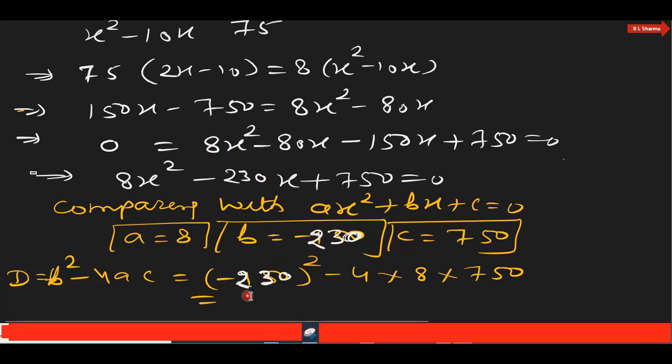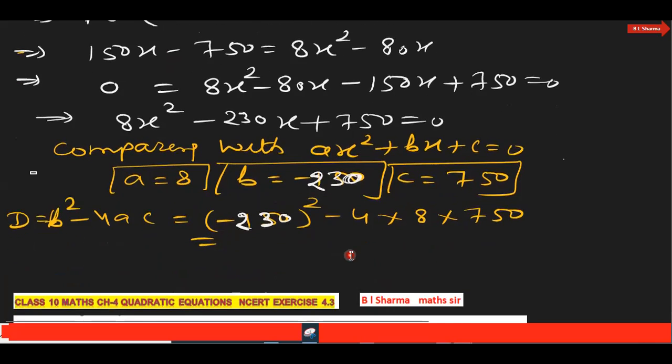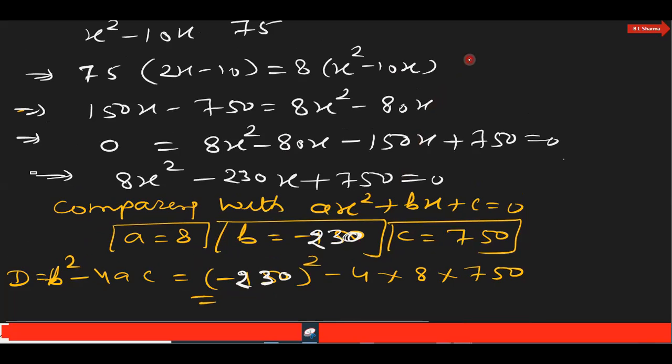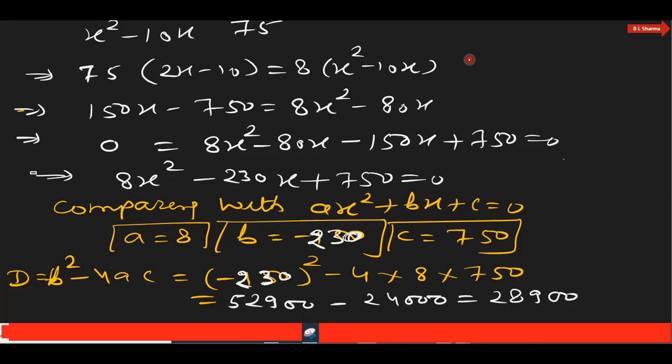And B square is minus 230 whole square minus 4 into A into C. 230 whole square is given by 52900, and that will be 24000, and it will be 28900. Yes. So discriminant is this.